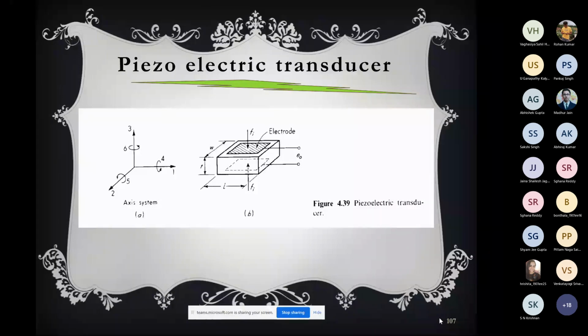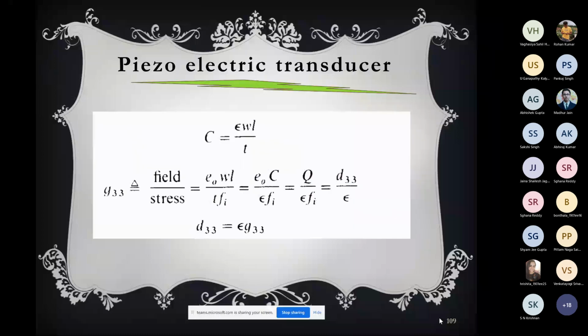Now G33 is E0 by T divided by Fi by WL, and if you do it, it will be E0 by T into WL by Fi, which is the G33 constant.